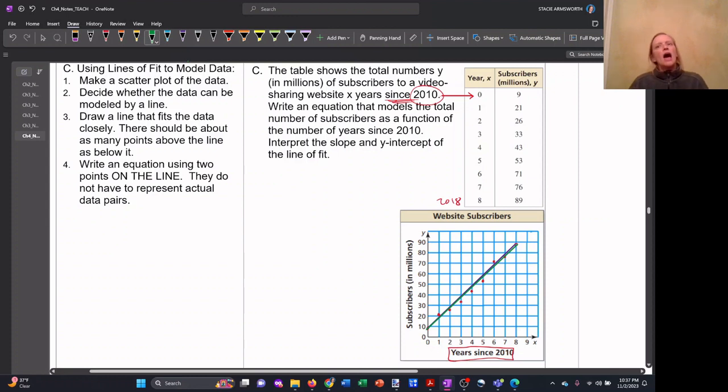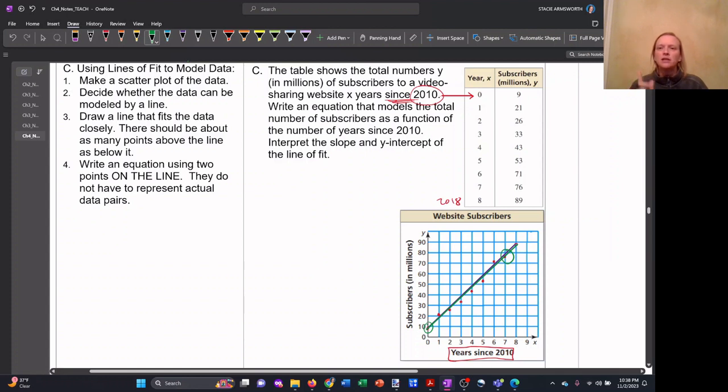So how do we determine the equation of this trend line? This is just like what we were doing in the previous section. We have 2 points on our trend line that seem to actually be on the trend line. Your trend line doesn't actually have to go through any points on the graph.